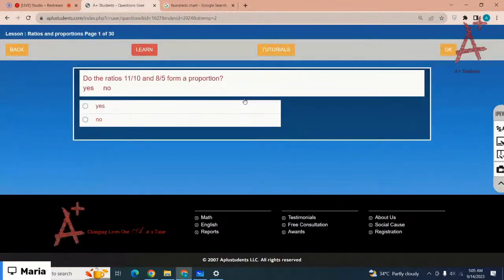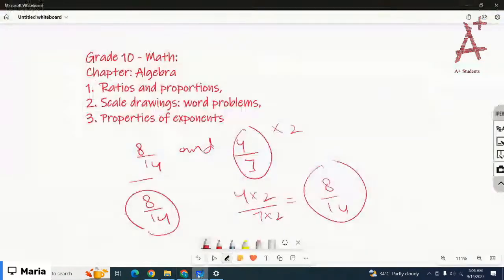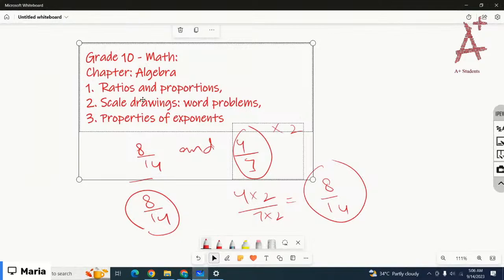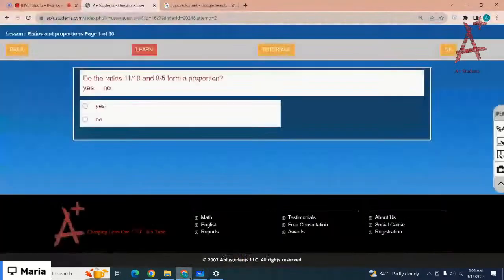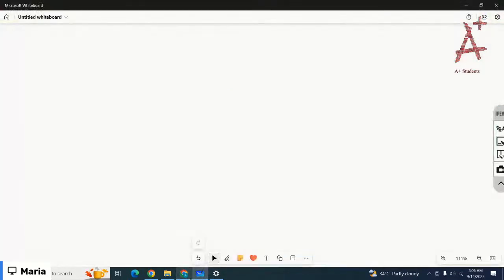Do the ratios 11 over 10 and 8 over 5 form a proportion? We just did examples. How do we know? We have to make their denominators the same. Let's make the denominators of both the fractions the same.